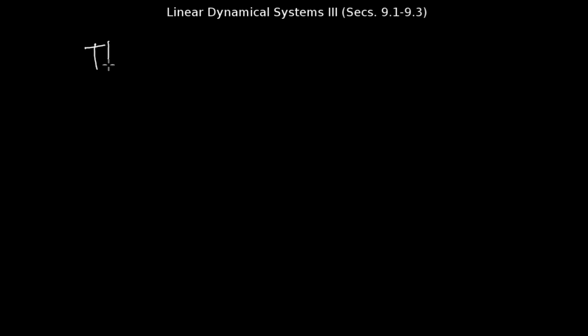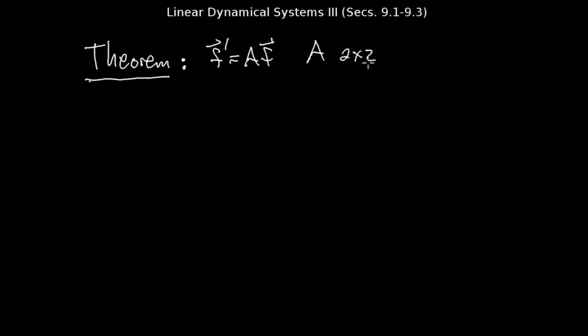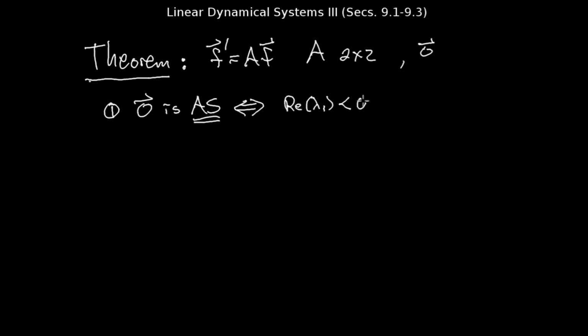So here's the final result about all of this. We're looking at the differential equation f prime is equal to Af, and I'm just talking about the 2 by 2 case, although I'll say a word about the general case. And we're talking about the 0 solution, whether it's stable or not. So the first thing is that 0 is asymptotically stable if and only if the real part of lambda 1 is less than 0.